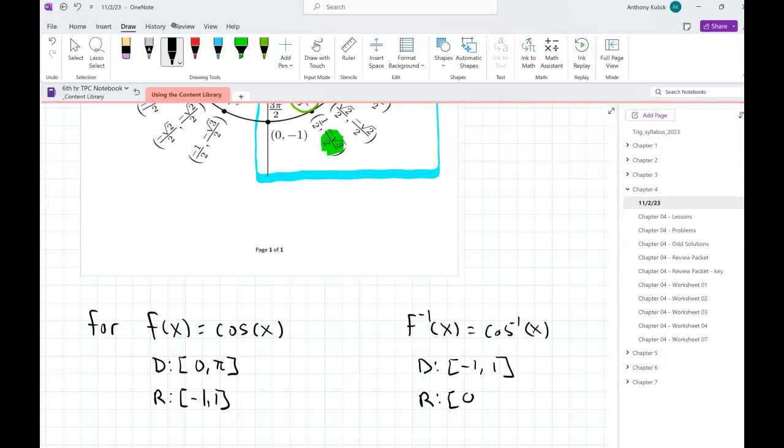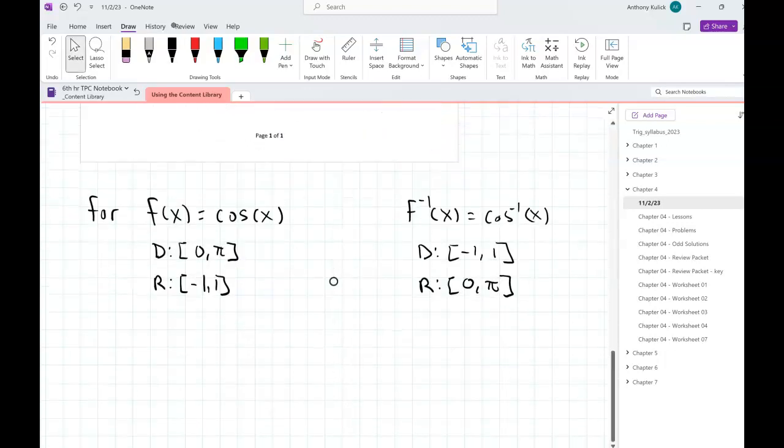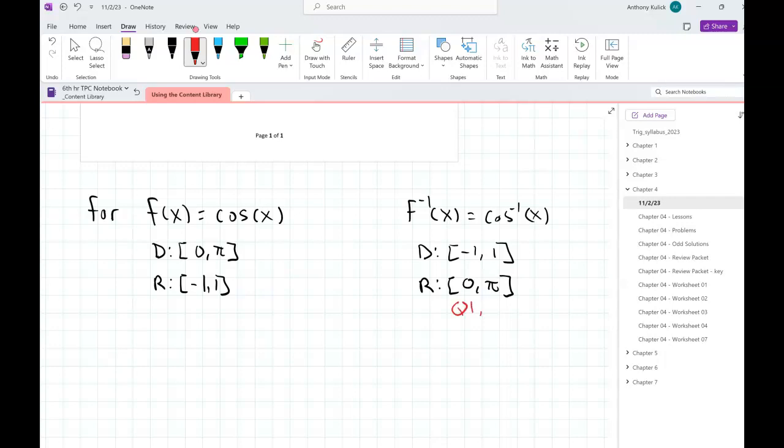But this time its range is going to be 0 to pi. So what 2 quadrants are we talking about from 0 to pi? Look at your unit circle. 180. Quadrants 1 and 2. Great. You're going from 0 to 180. That's covering quadrants 1 and 2.